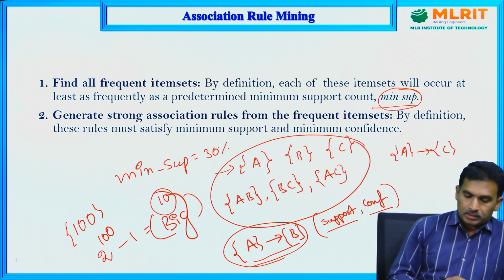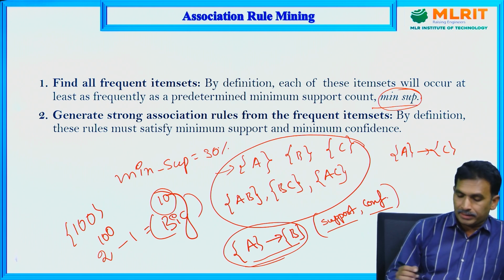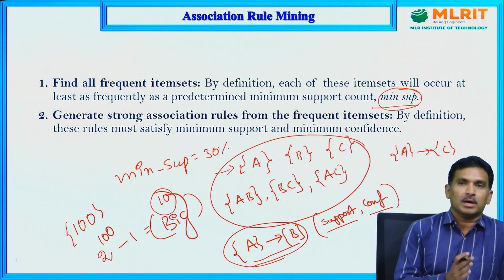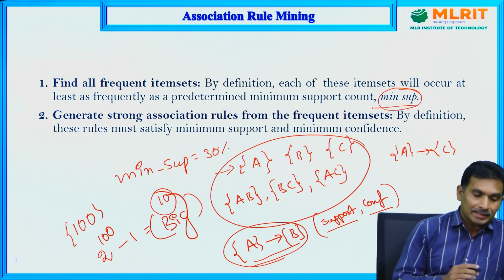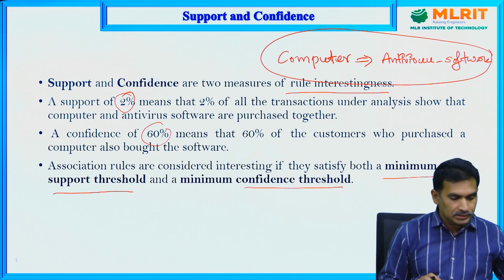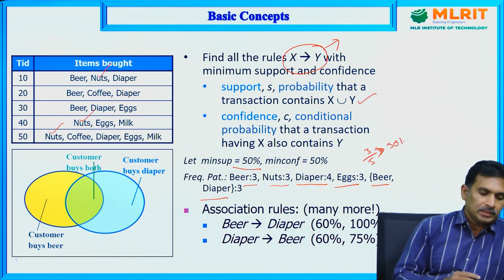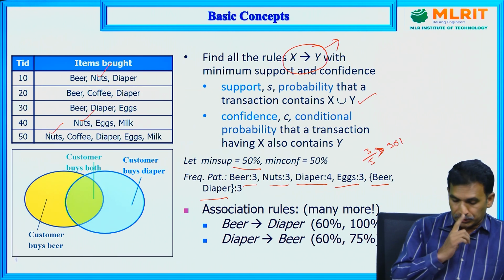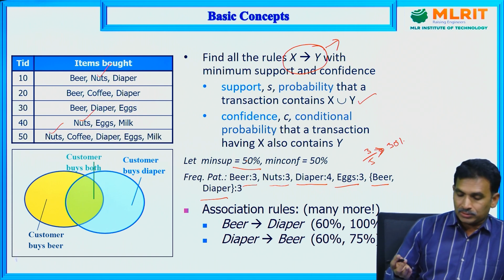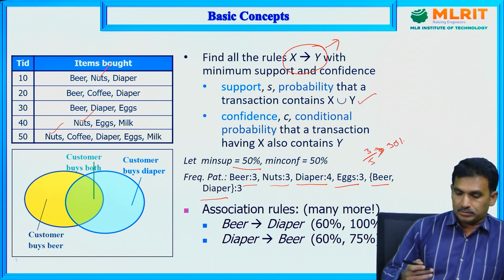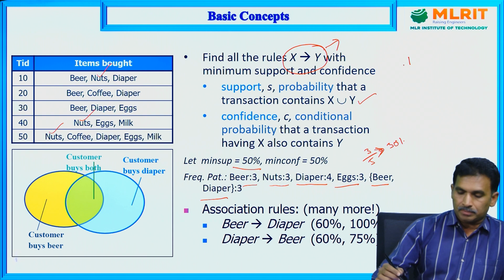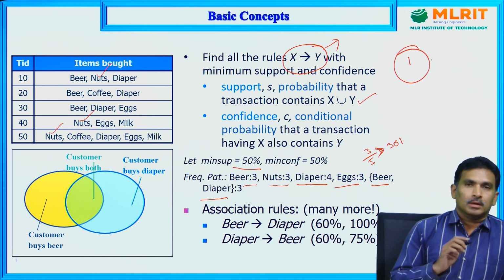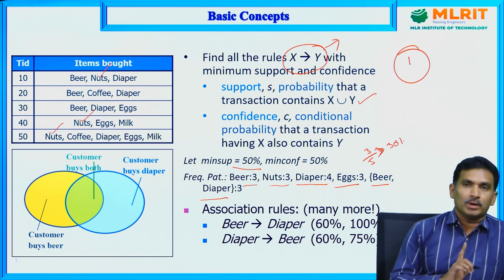Even if you specify a very small minimum support threshold value, let us go back quickly to the previous example, this transactional database. Instead of the specified support threshold like 50%, that means half of the transactions, suppose I just mention the support count as 1. That means the item should appear in at least one transaction.